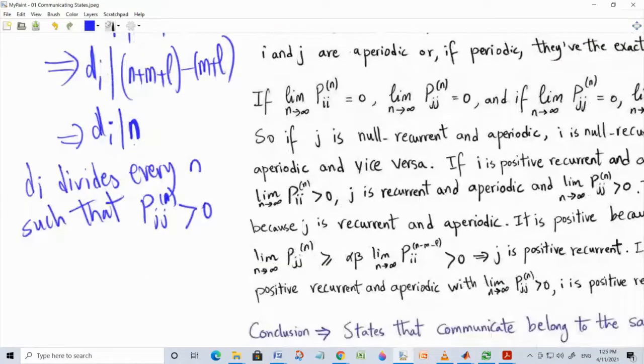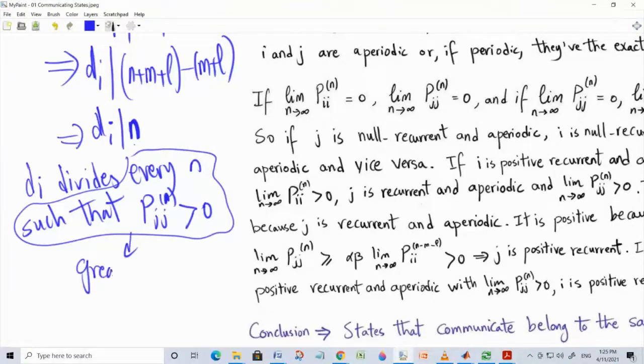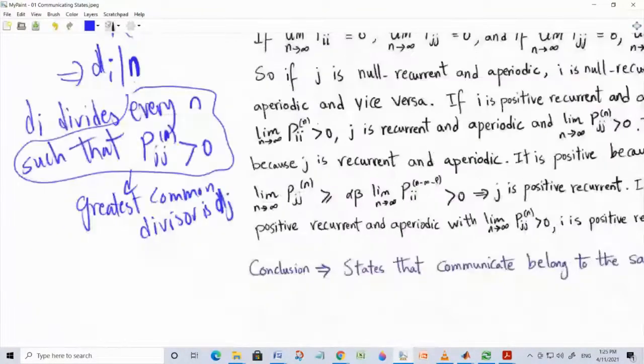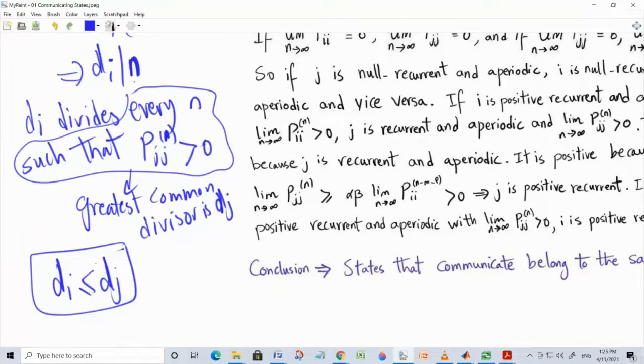The greatest common divisor of every n such that b_jj of n is positive is d_j by definition. This is how we define the periods. So d_i is guaranteed to be a divisor, and d_j is the greatest common divisor, then d_i is less than or equal to d_j. So based on our argument, it must be the case that d_i is less than or equal to d_j.